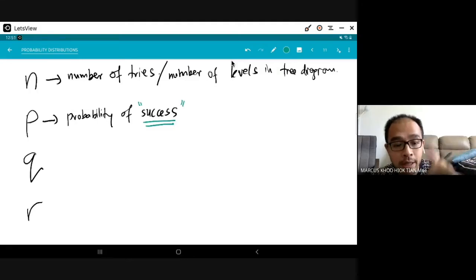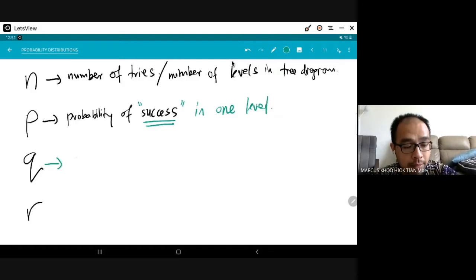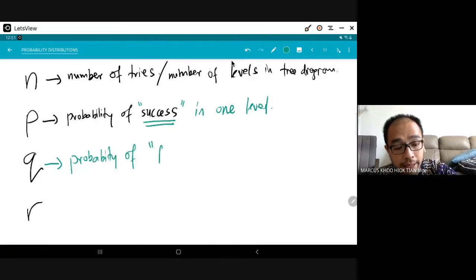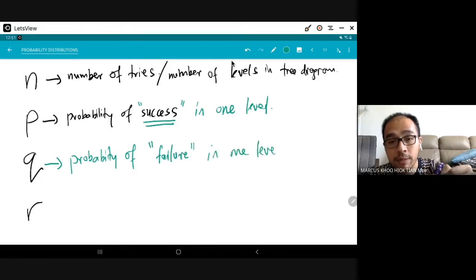So the probability of success in one level. Meanwhile Q is the probability of failure in one level. One level means one level of the tree diagram.